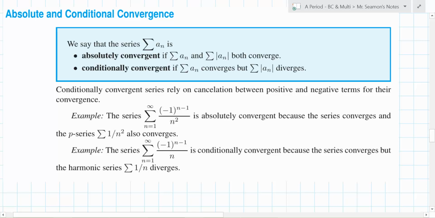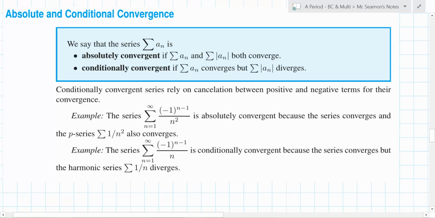Yes. But does the harmonic series converge? No. So if you took the absolute value of the alternating harmonic, it doesn't stay the same in terms of convergence. A series is absolutely convergent if the series and the absolute value of the series both converge, and it's conditionally convergent if the series converges but the absolute value series diverges.